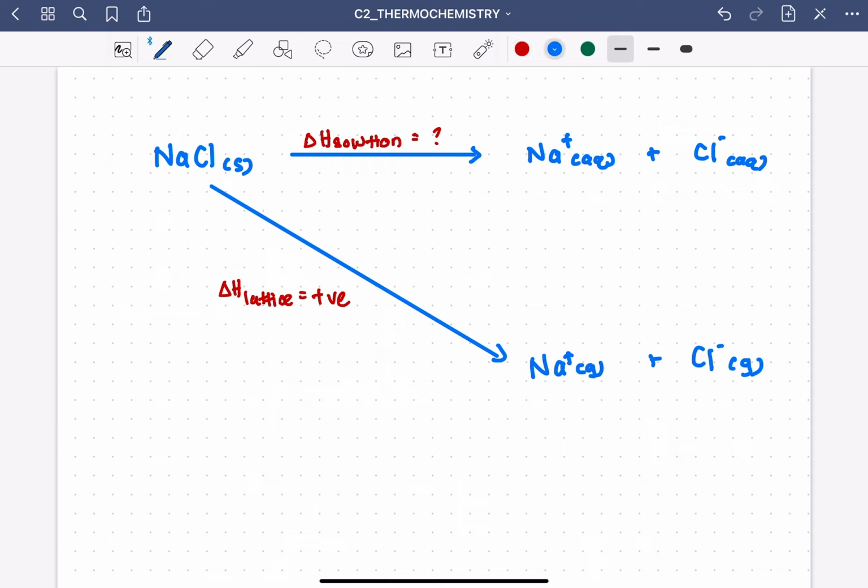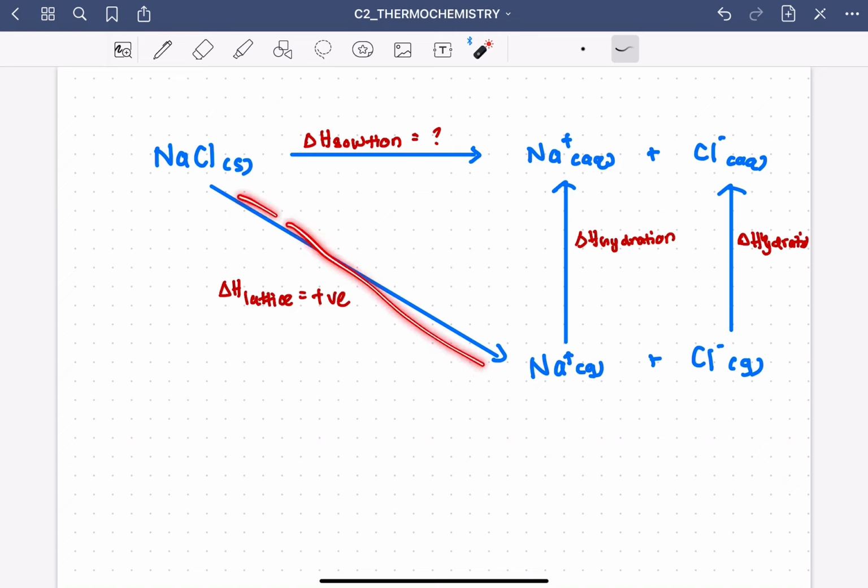The next one is when sodium gas ion turns into sodium aqueous, or chloride ion gas turns into chloride ion aqueous. The enthalpy involved here is hydration. According to Hess's law, if you still remember, the skill is that you need to know the two ways.